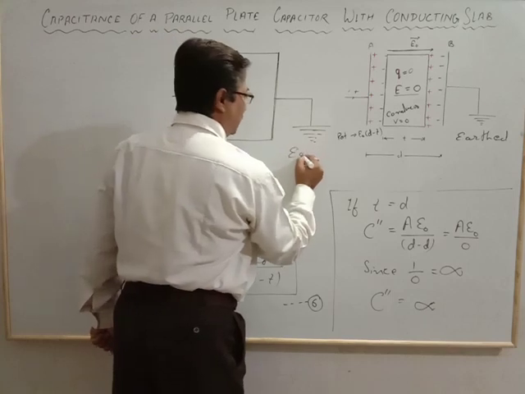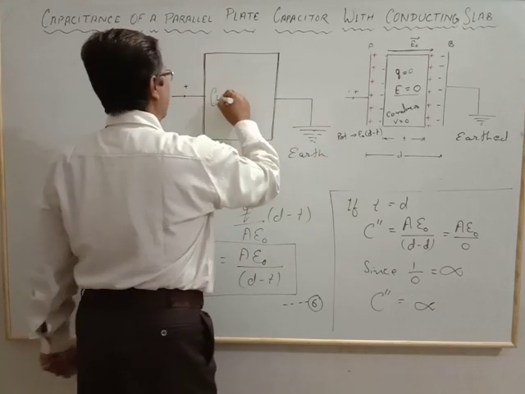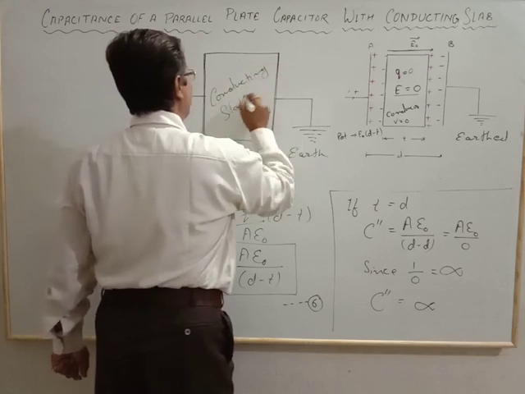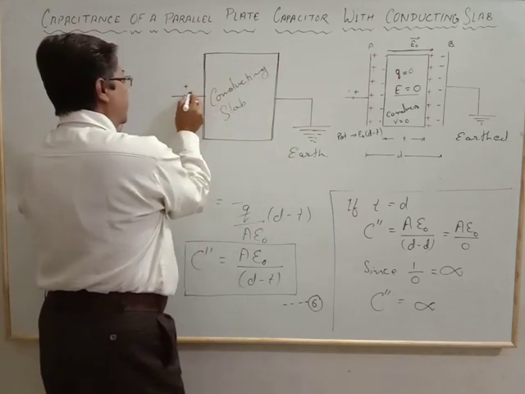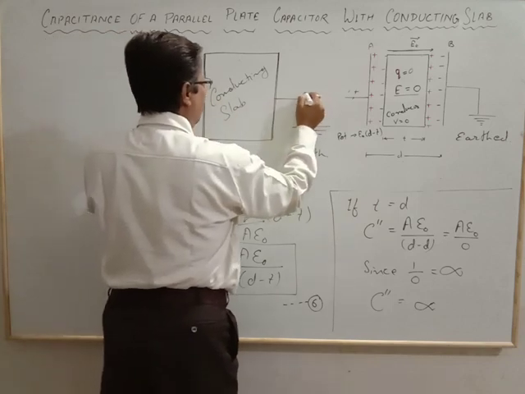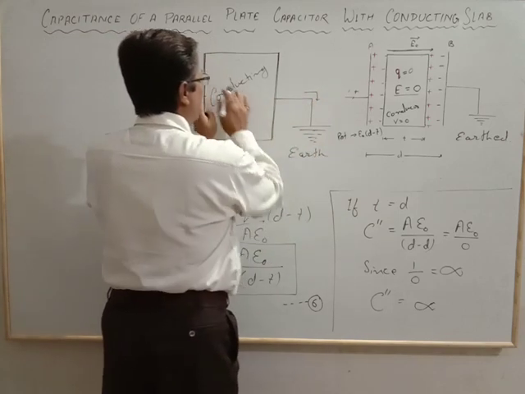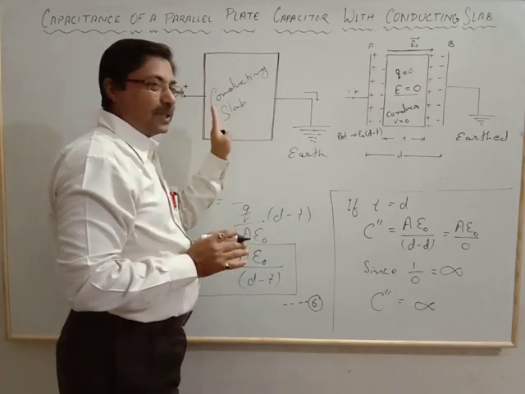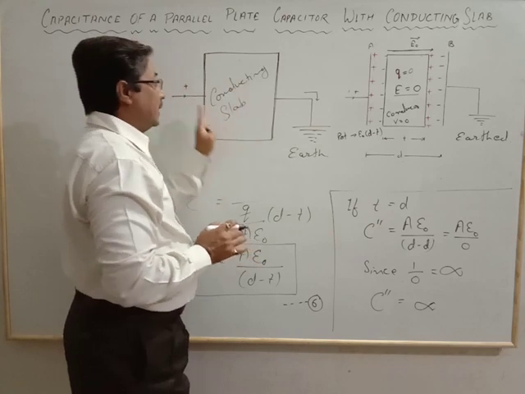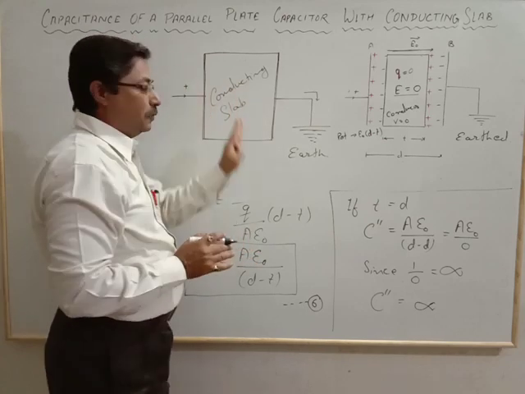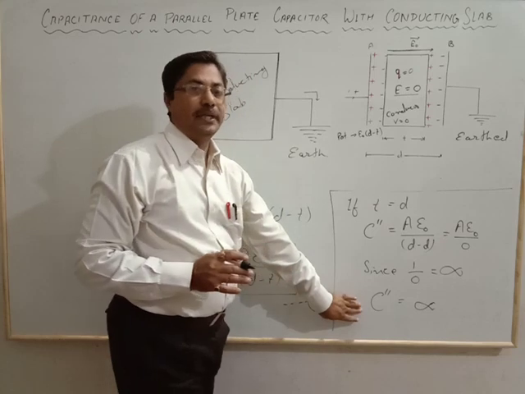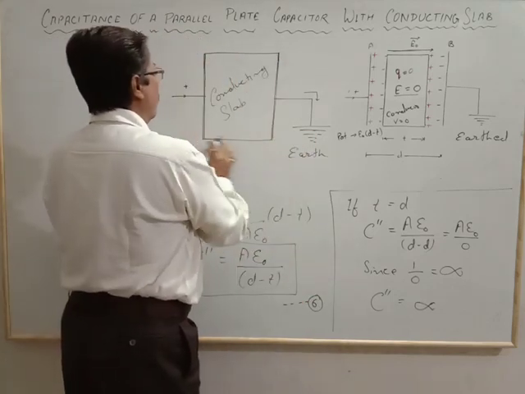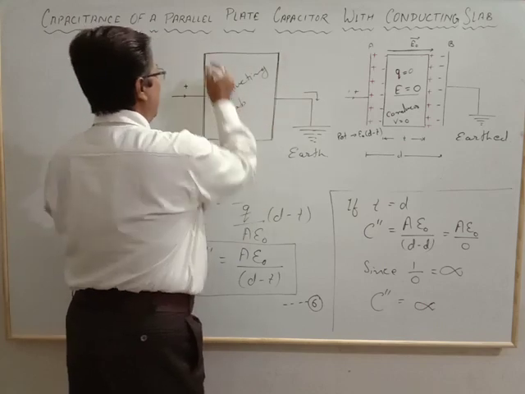That is the earth, and it is the conducting slab. So in that condition, the charge is provided and the charge will move to the earth. So it appears that it can accept charge up to infinity. The acceptance becomes infinite. It is only when the conducting slab covers the whole space between the two plates A and B.